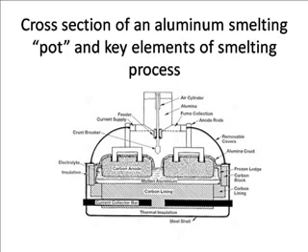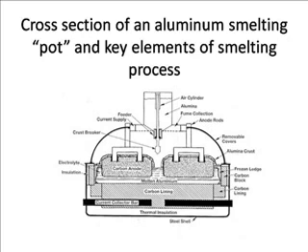Now, how does all of this tie in to getting from the powder form of alumina to the actual aluminum that we use every day as, say, aluminum foil? Well, the next step after you've produced the powdered alumina is the aluminum smelting.